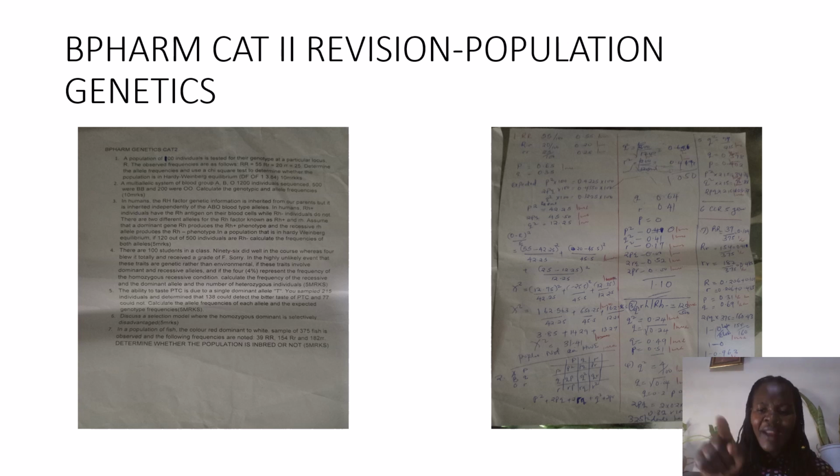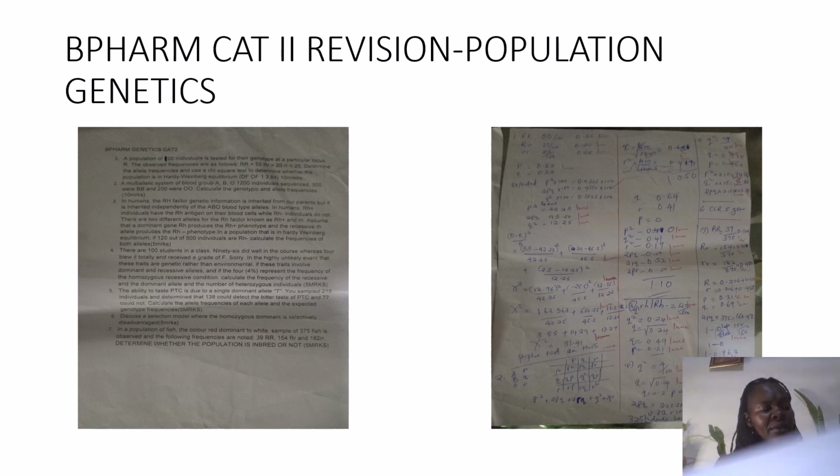The people who are having difficulty, the ones who are fine is okay, but the ones who have a problem, even in the case where you are asked 1 out of 5,000 kids are born with phenylketonuria, do 1 out of the 5,000 square root. You're not looking for the 4,900 and something. No. We are trying to find the traces of this recessive allele which resides in the heterozygous.